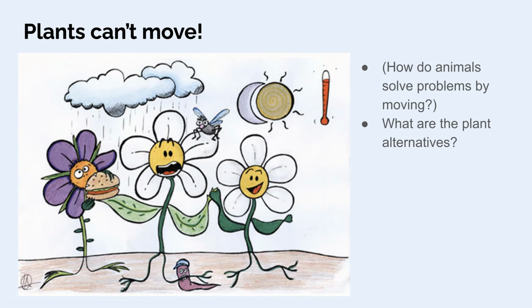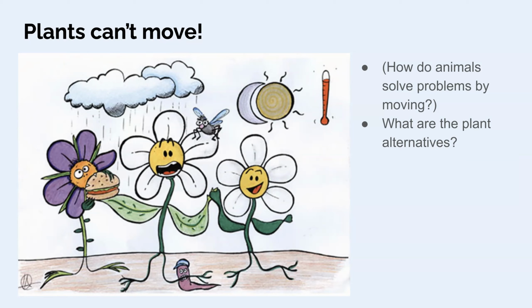Plants are rooted into the soil, and whatever the weather brings, whatever the herbivores bring and so on, a lot of what's depicted in this image. So we have differences in temperature and light and precipitation and pressures from herbivores underground, above ground, competition from neighbors and so on. All of this is something that a plant has to deal with in place. It can't pick up and walk away.